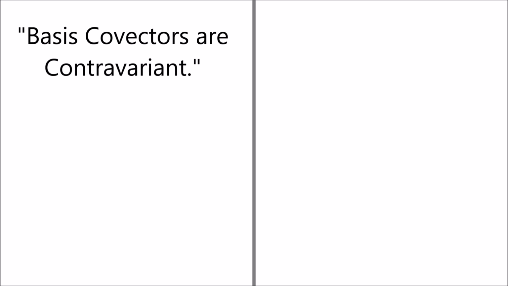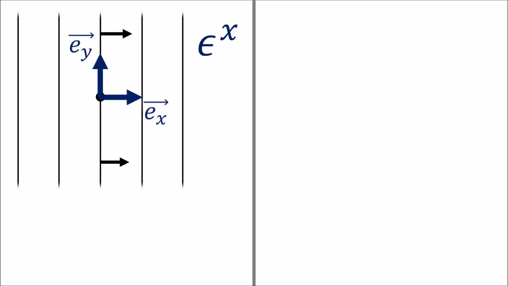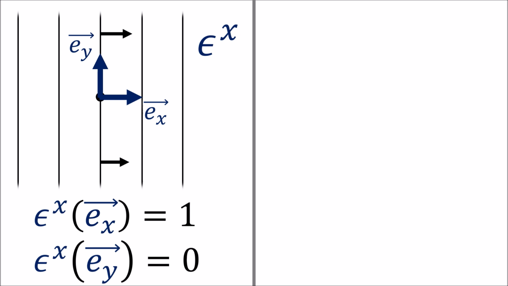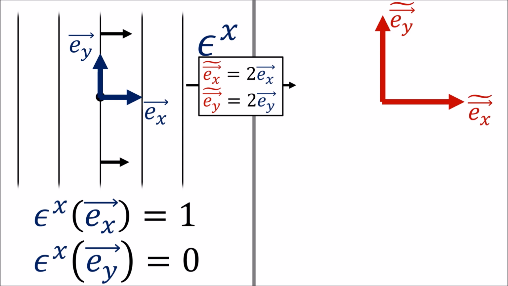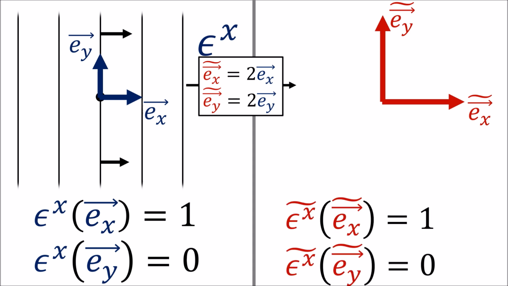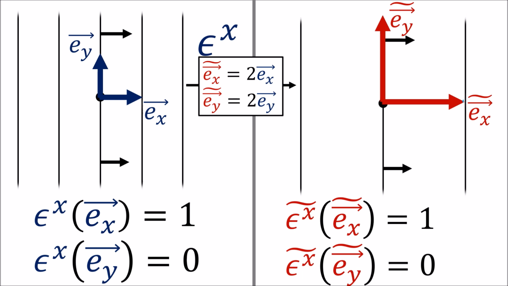It turns out that the epsilon basis covectors are contravariant. The epsilon x basis covector that is dual to the basis vector Ex satisfies these properties. When we double the length of the Ex-Ey basis to get Ex tilde, Ey tilde, the new dual basis covector epsilon x tilde must now satisfy these properties, where Ex tilde pierces it once and Ey tilde doesn't pierce it at all.